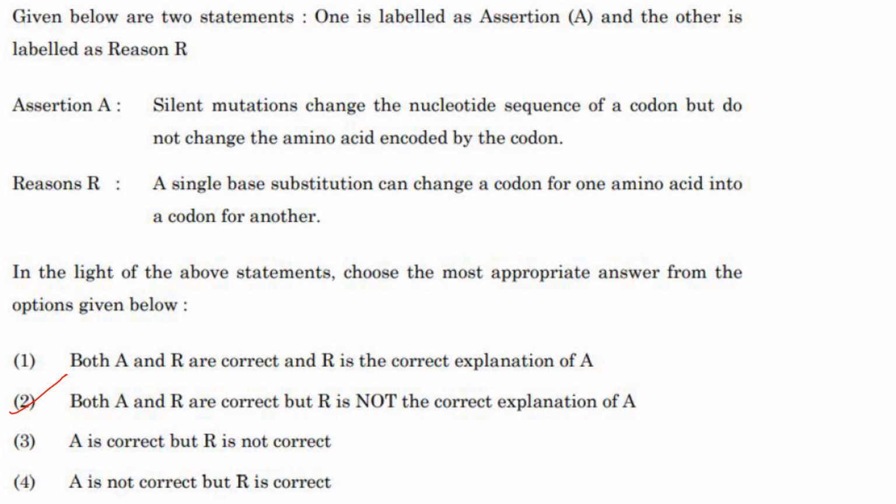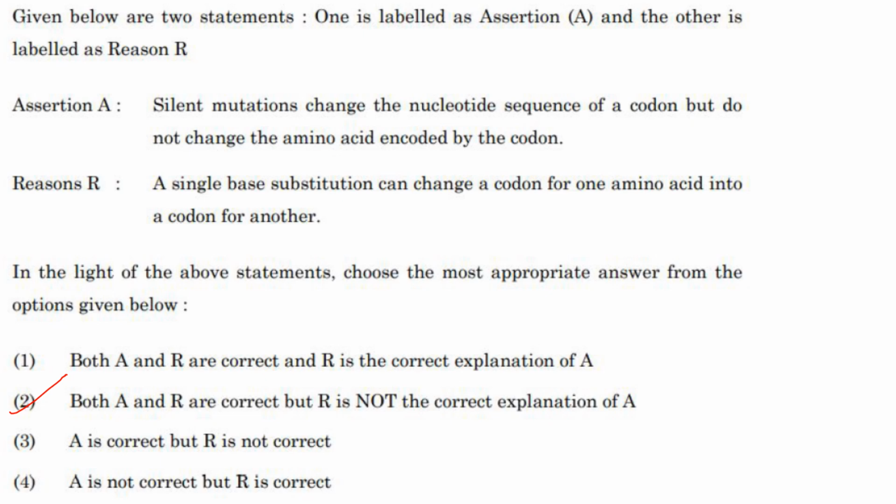Now GUG, the G at the third position get mutated to C. So GUC. Still then it will code for glycine because GUG and GUC, they both code for glycine. So even though there is a mutation in the nucleotide sequence, the amino acid is going to be glycine itself. So silent mutation change the nucleotide sequence of a codon but do not change the amino acid sequence.